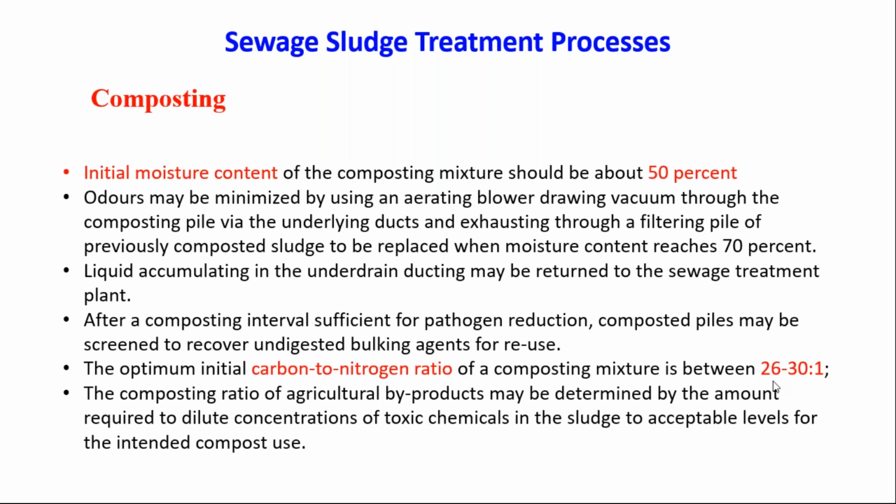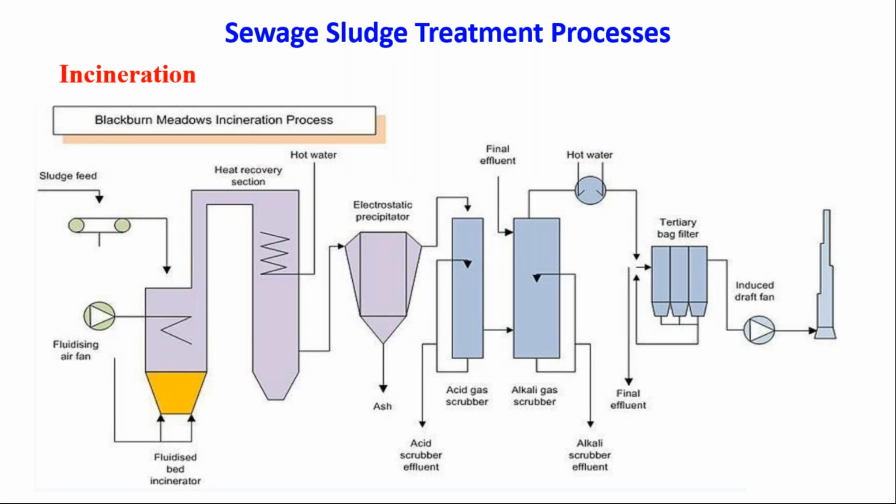So this C/N ratio, that is 26-30 to 1, is again a key parameter from which we can understand that this compost is ready for use. And this is the last stage of this sewage sludge treatment process. Normally we are not adopting this stage, that is called incineration.